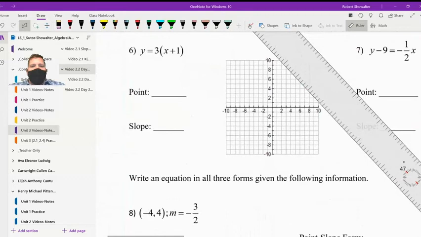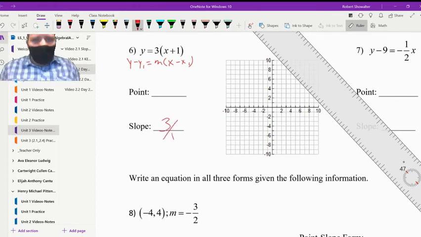Here's another one. This is weird because there's nothing out there in front of the parenthesis. Remember, it's y minus y1 equals m times x minus x1. And notice m is 3/1.